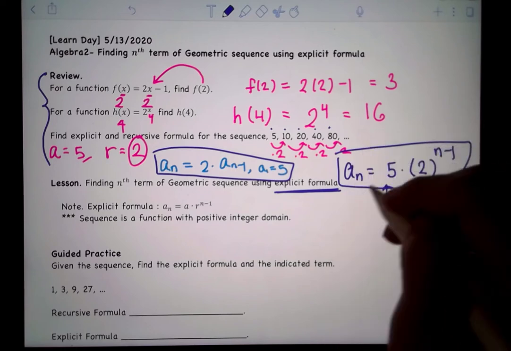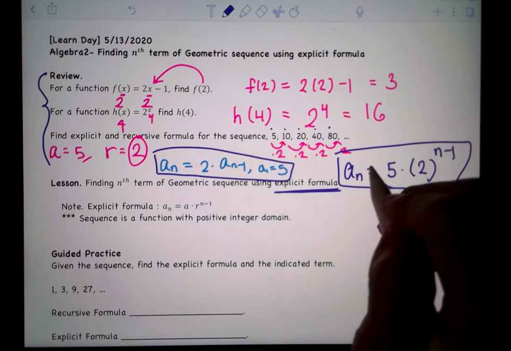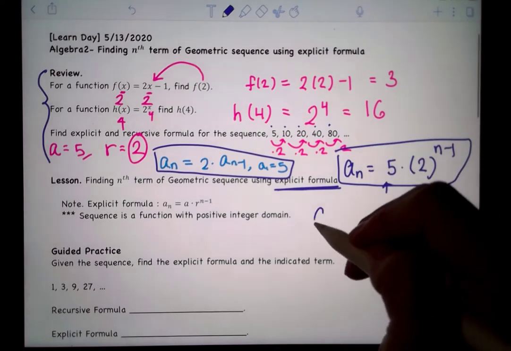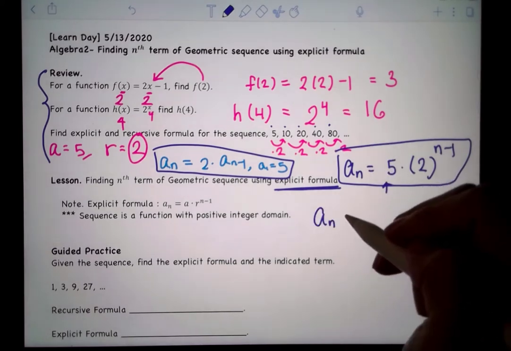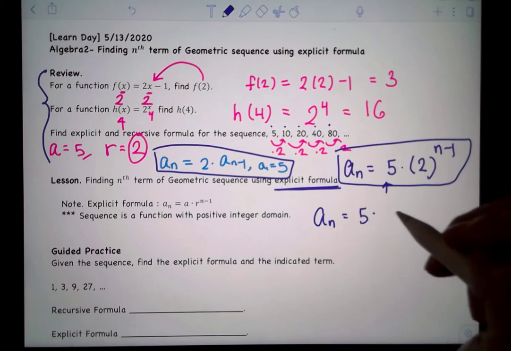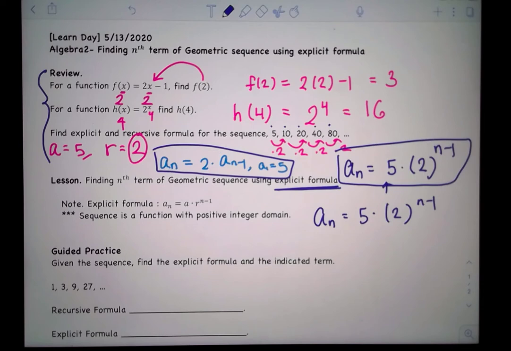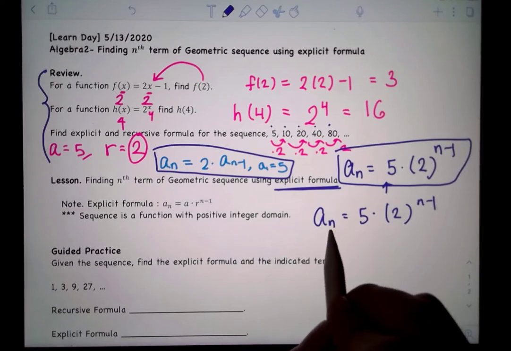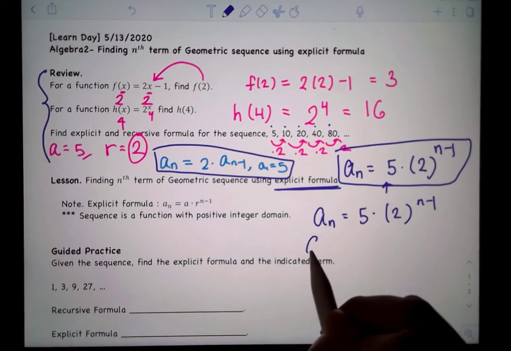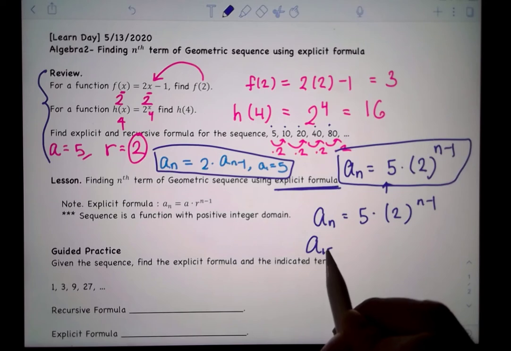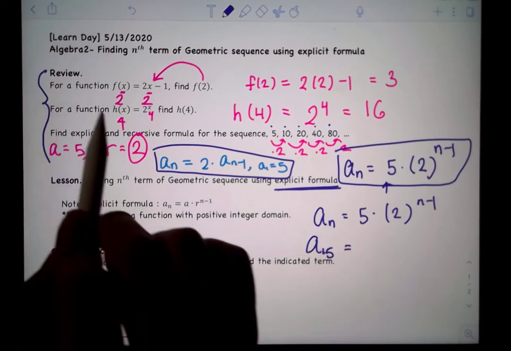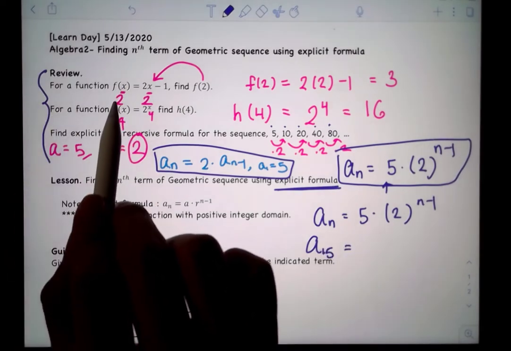So look at this, guys. For example, we already know explicit form is a sub n is 5 times 2 to the n minus 1, right? What if I want to know a 15? Let's make it a little smaller. I want to know a 15, so I will make this n 15. Do you see it? Same thing. You change your x to 2 to get the function value.